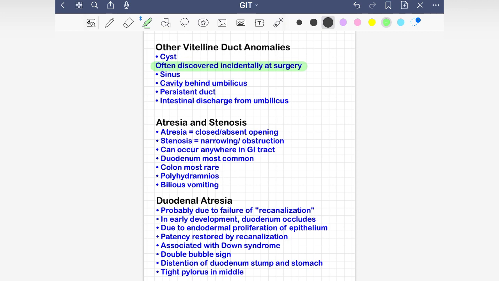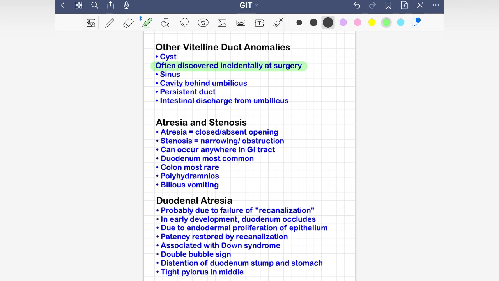Then there's a process by which it is recanalized and opened back, and the result is that when the baby is born, you have a normal duodenum. If this process fails to occur, then you have a failure of recanalization, and that leads to obstruction in the duodenum.